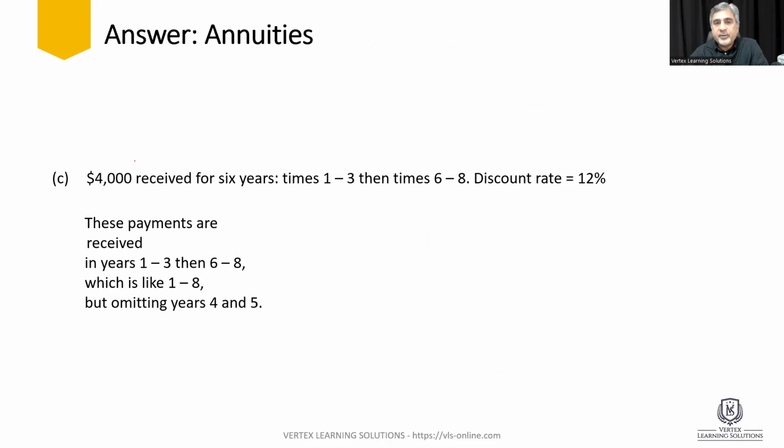If you remember, we showed you on screen that you are going to receive from year 1, year 2, year 3; in 4, you don't have anything; in 5, you don't have anything; then 6, 7, and 8. So you get cash flow here, here, here, and here.